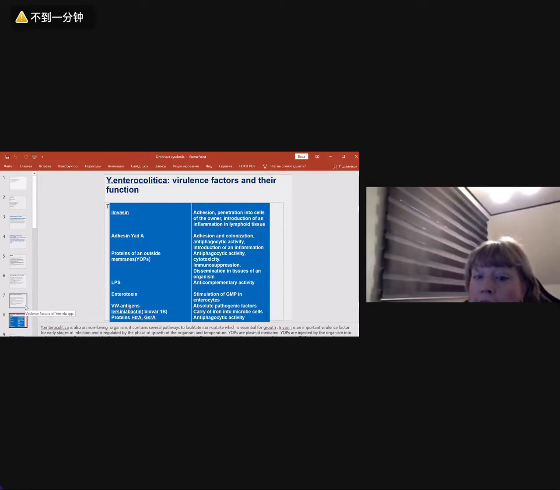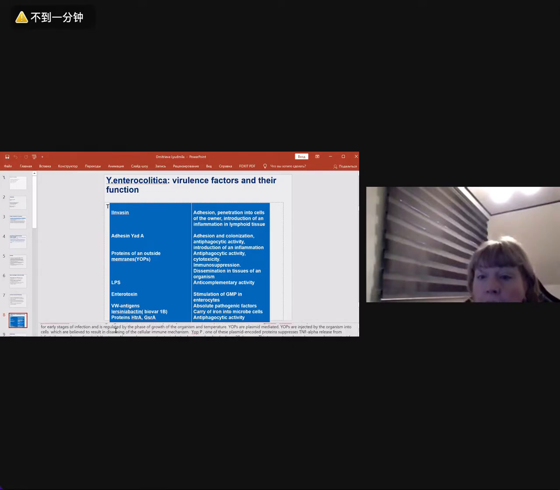It contains several pathways to facilitate iron uptake, which is essential for growth. Invasion is an important virulence factor for early stages of infection and is regulated by the phase of growth of the organism and temperature. Yersinia autoproteins are plasmid mediated.